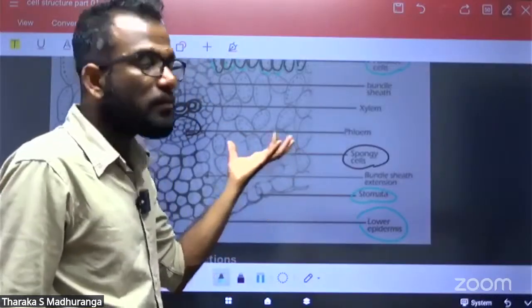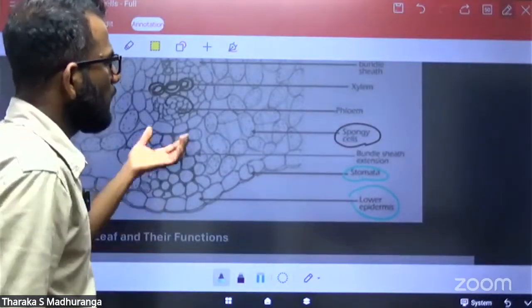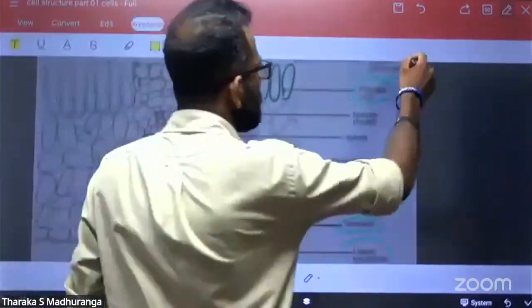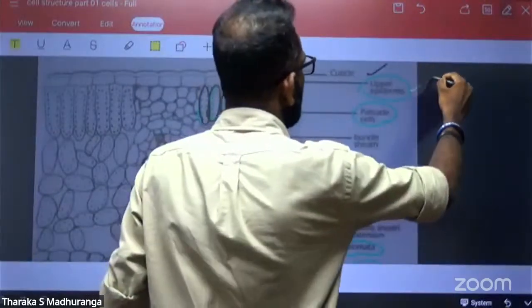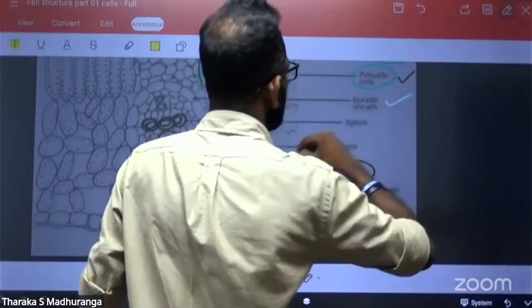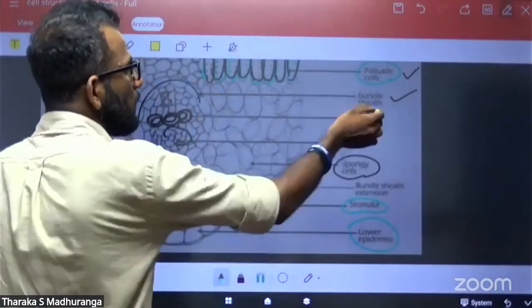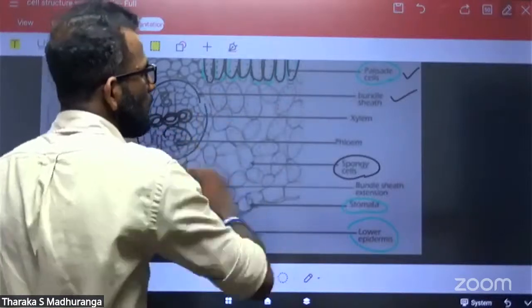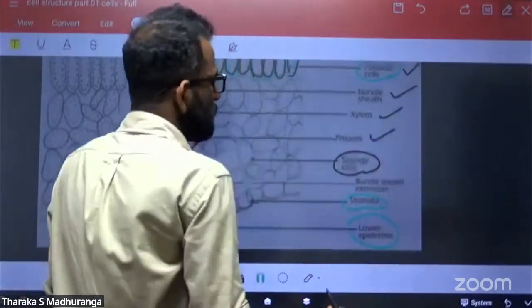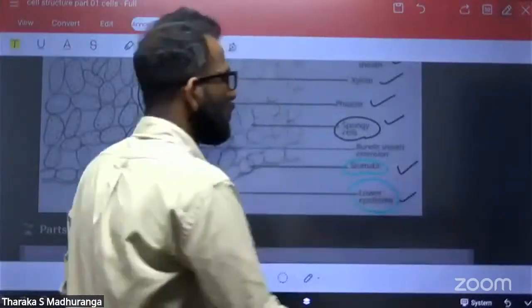They are important for photosynthesis. Okay, they are the main structures. Please remember all these names: cuticle, upper epidermis, palisade cells, bundle sheath, the protective layer, xylem and phloem, spongy cells, stomata, and lower epidermis.